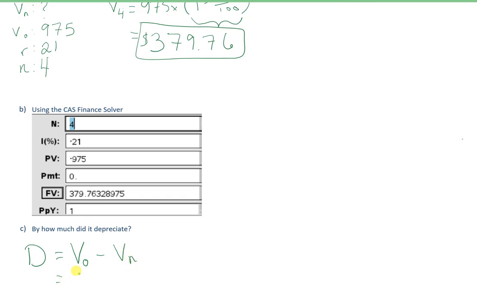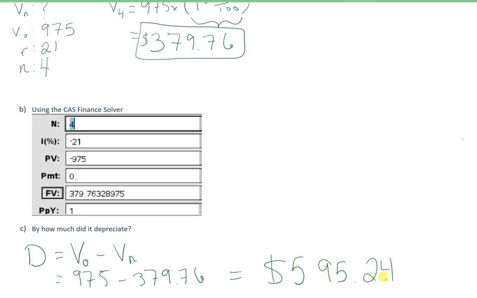In this case, 975 minus 379.76, which is equal to $595.24. So that's how much value was actually lost over those 4 years.